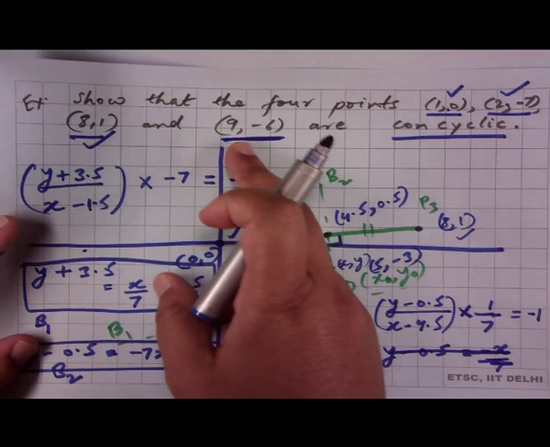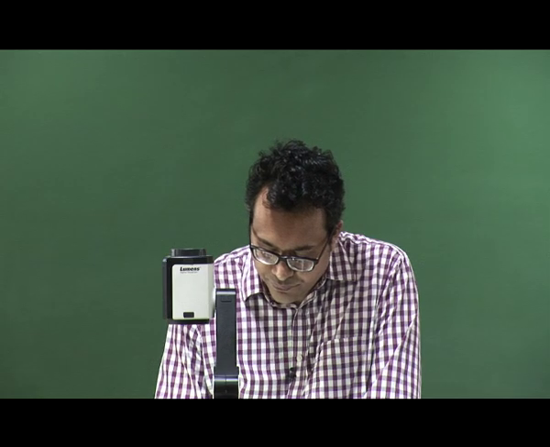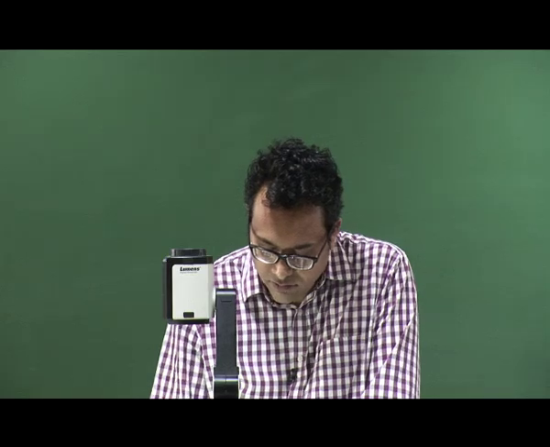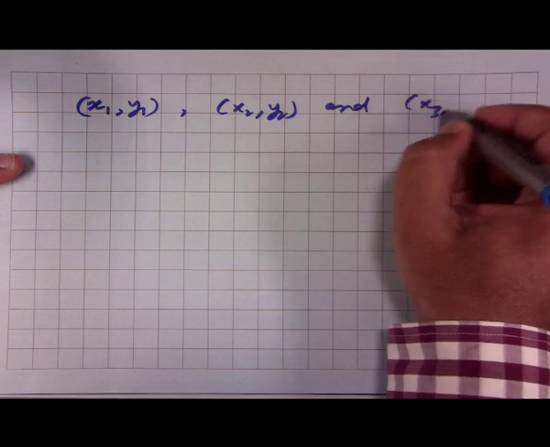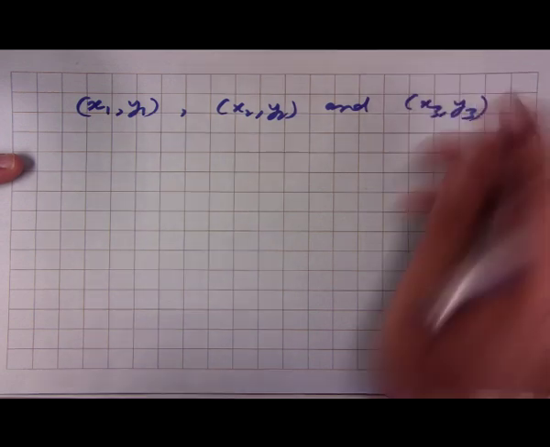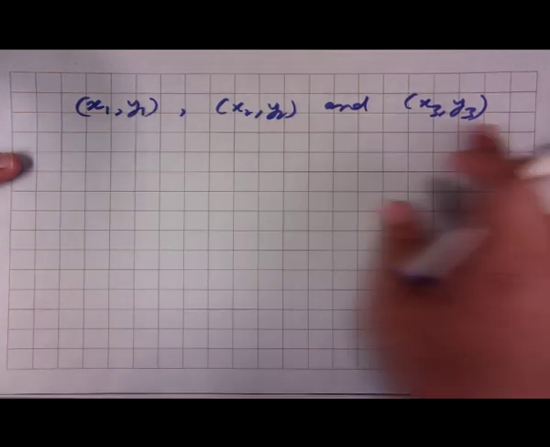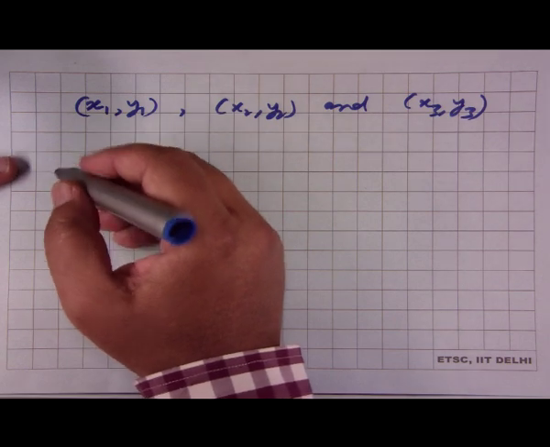So, with regards to the previous problem where we were given 3 points which were non-collinear, and we were asked to find the equation of a circle which passes through all these 3 points. So, apart from the method that we discussed, another method is as follows.